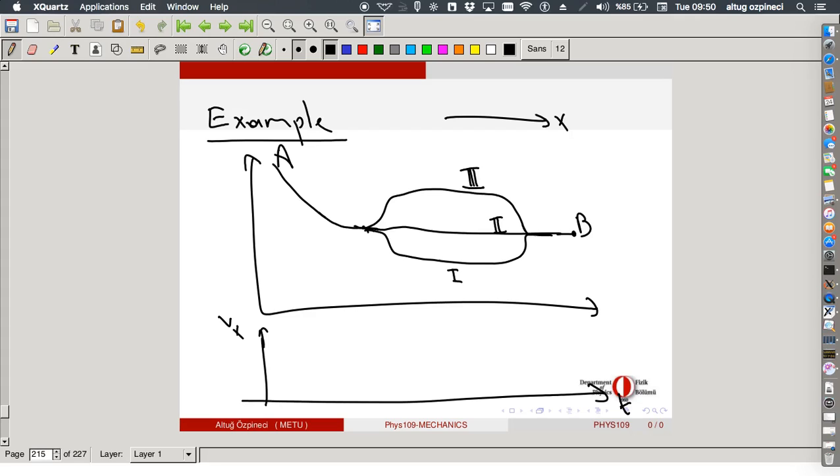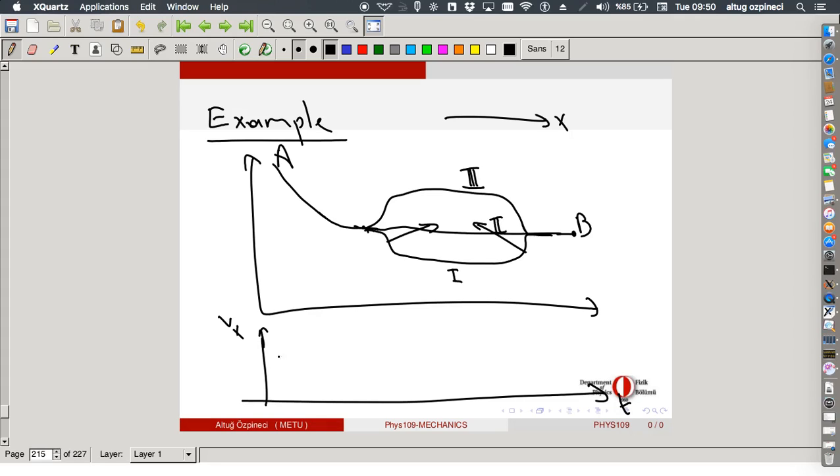Or you can say that at this point, this is the normal force acting on my object, which will cause my object to have a horizontal acceleration. So the horizontal speed will increase, and here, this is the direction of the normal force, so the horizontal speed will decrease.